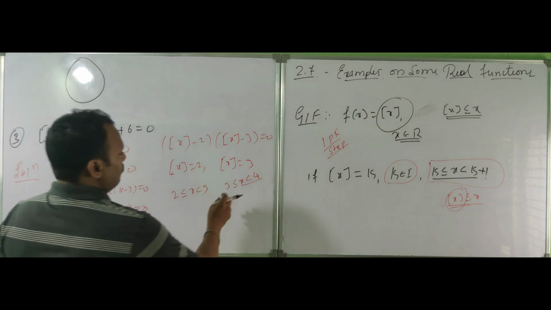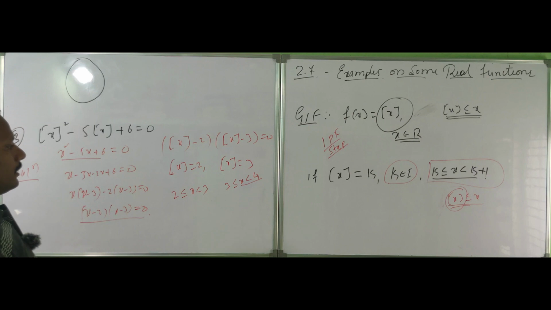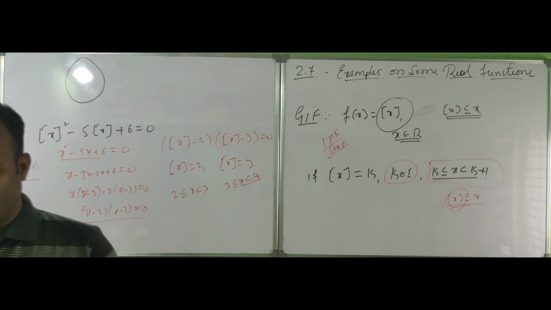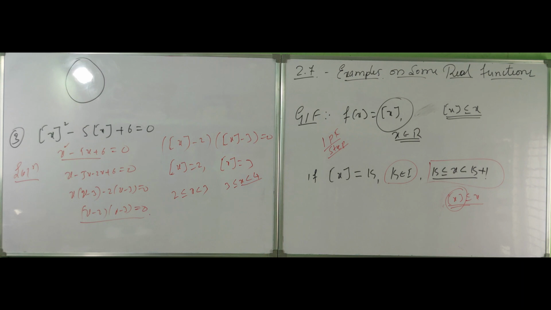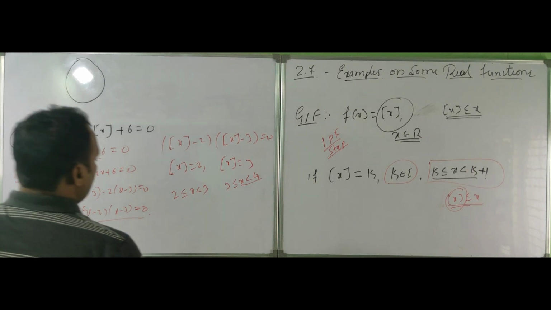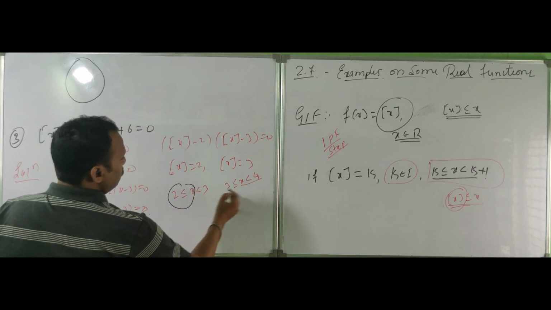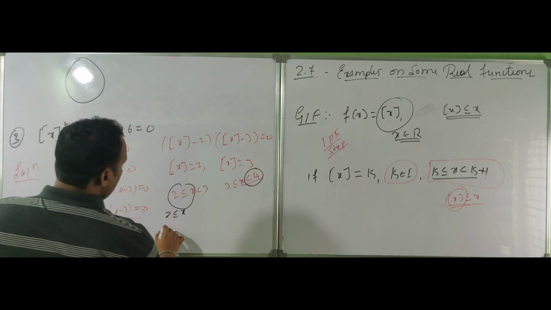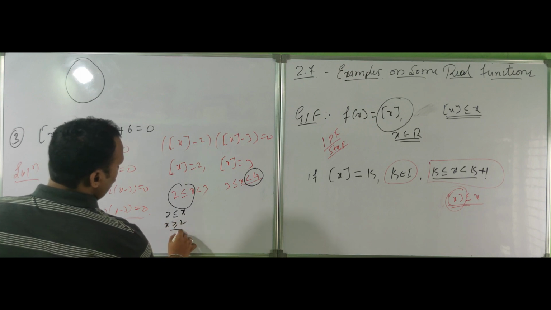So here we have to consider 3 also. So what is the answer? There are 2 inequalities. 2 is less than or equal to x and 3 is less than or equal to x. Again, x is less than 3 and x is less than 4. You should get this value also. 2 is less than or equal to x means x is greater than or equal to 2.